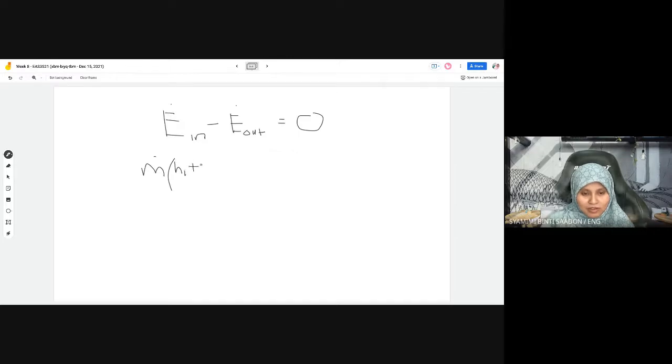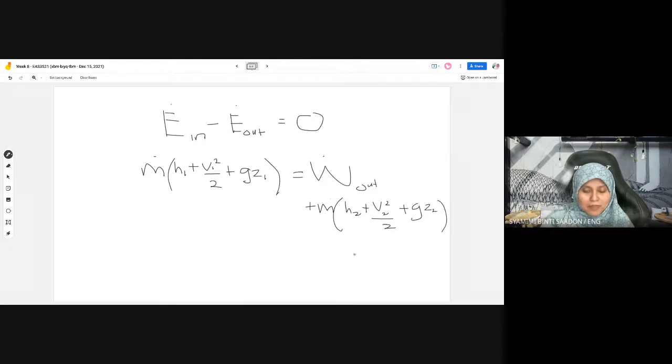So we have m dot times H1 plus V1 square over 2 plus gZ1 at the inlet, equals the outlet, W out, the power produced, plus the same thing here: m dot times H2 plus V2 square over 2 plus gZ2.